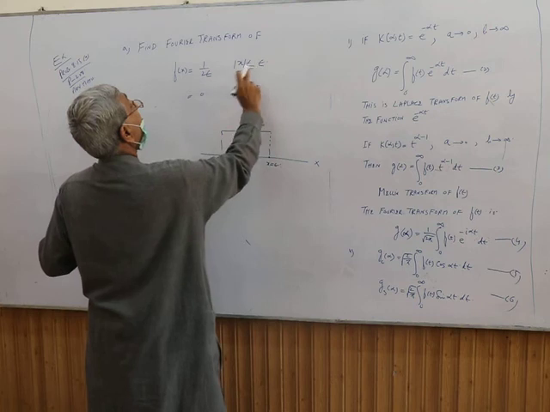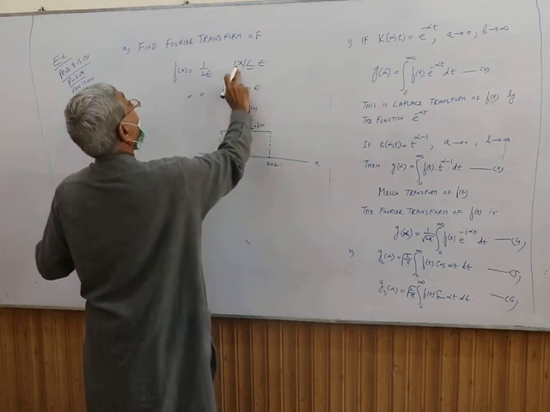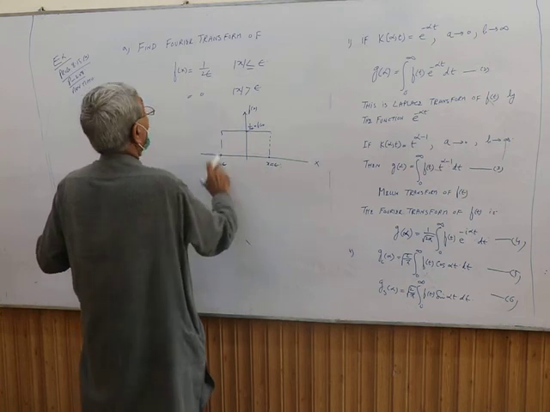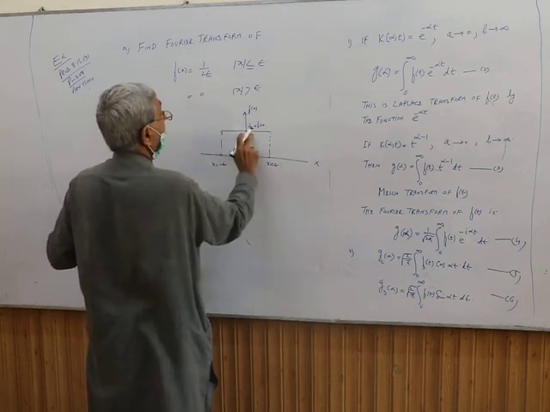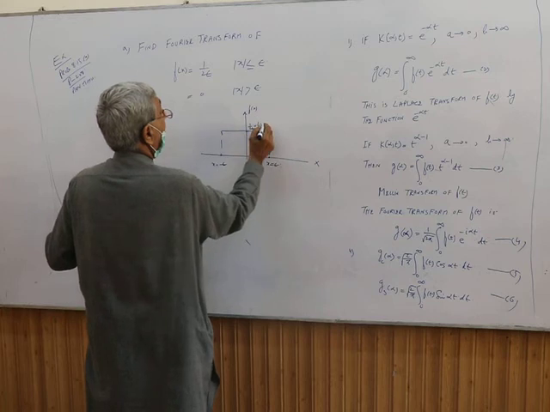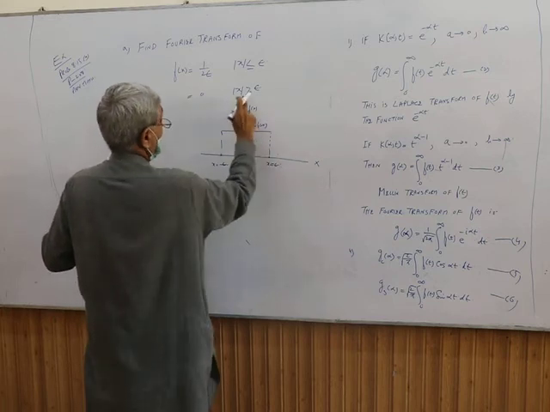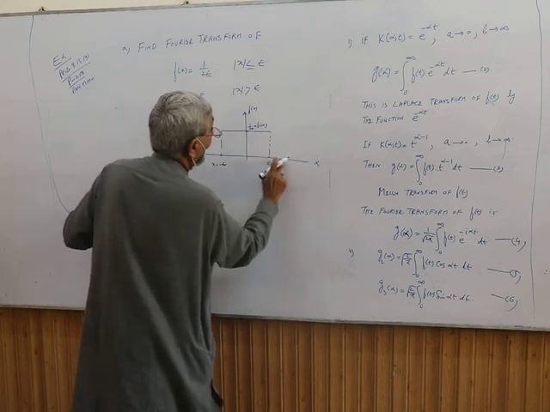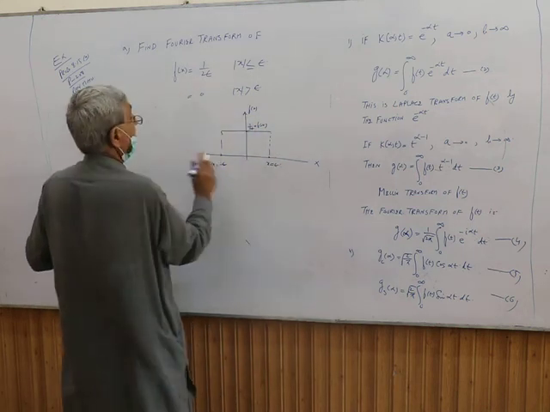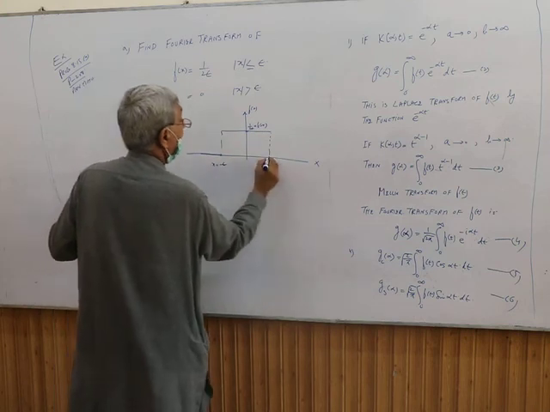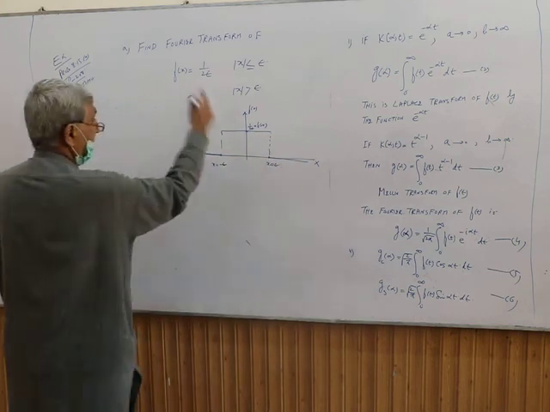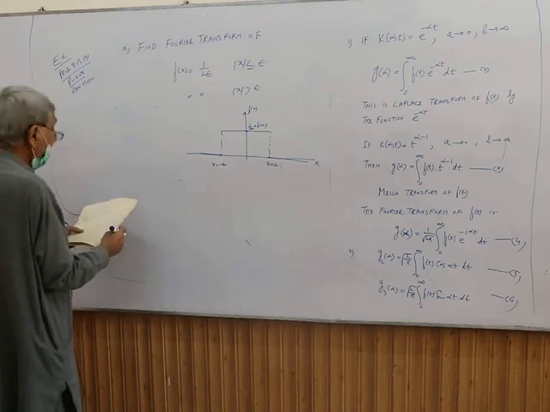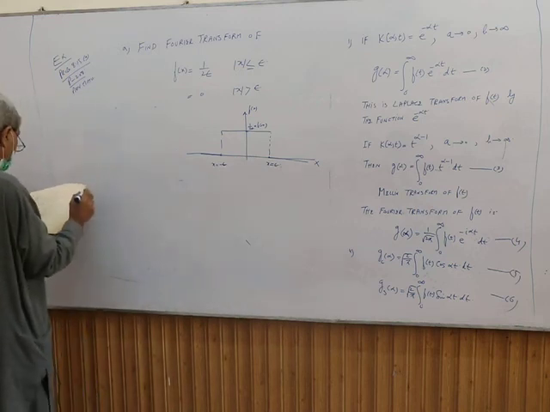So between epsilon and minus epsilon, f(x) is 1 over 2 epsilon, and when it is greater than epsilon with positive or negative sign, then it is 0. So this is 0 on this side, 0 on this side, and in between you have just one pulse of a wave. Now how to find its transformation?